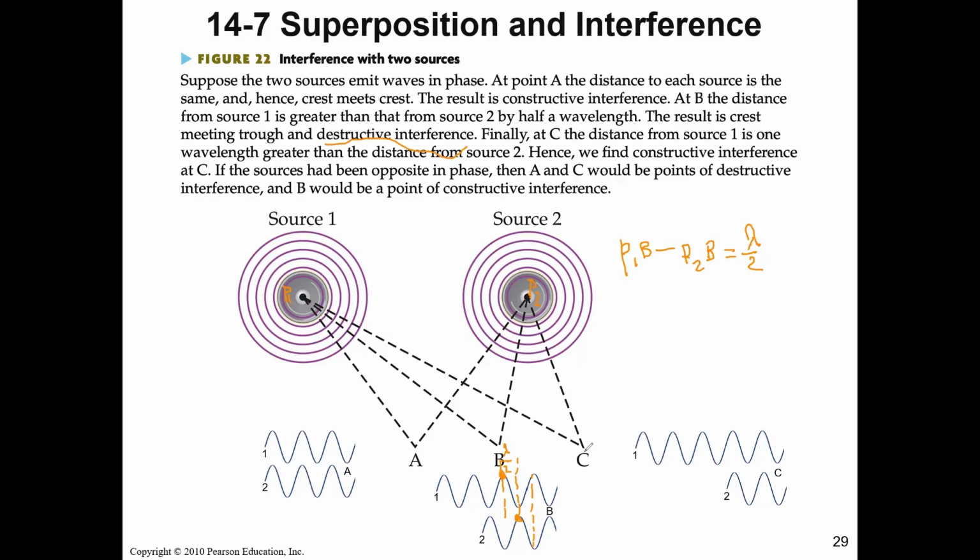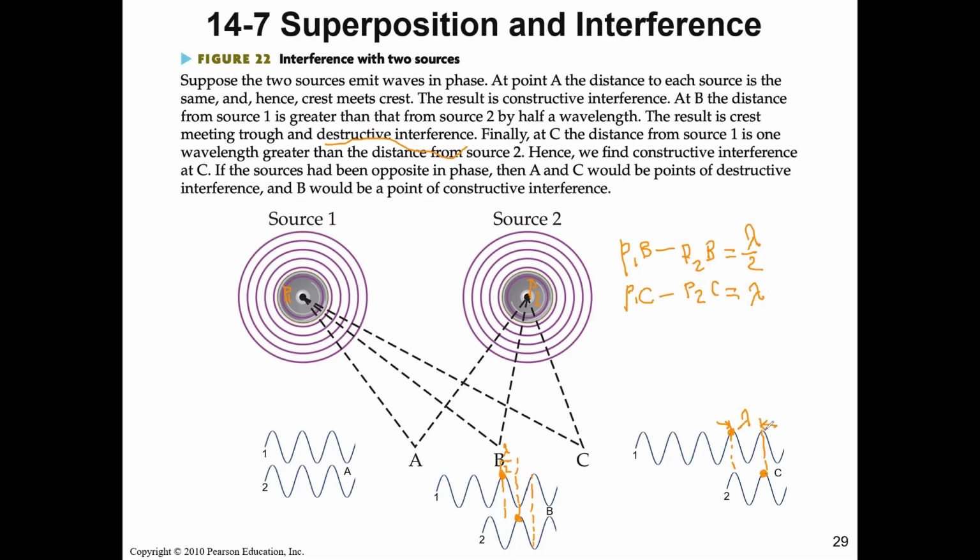At point C, there is also a distance difference. So P1C minus P2C is actually a full wavelength. So when the distance differs by a full wavelength, the peak replaces itself by a full wavelength.